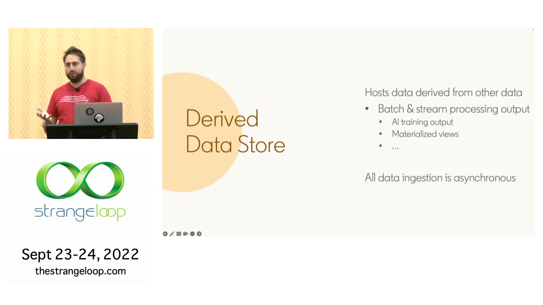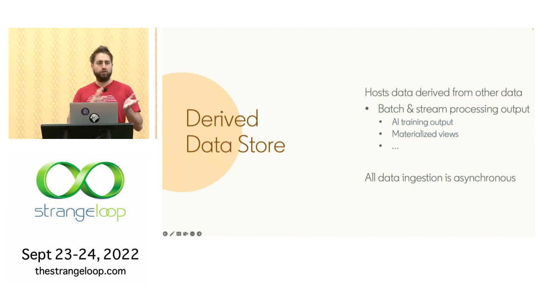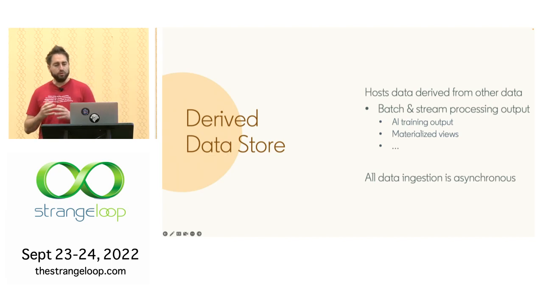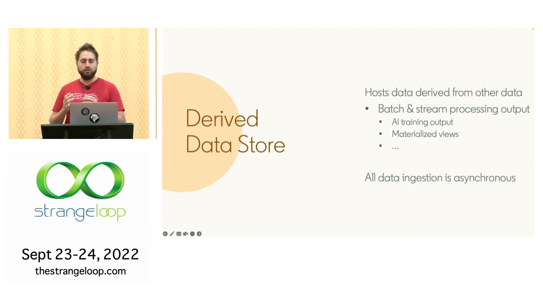The main thing to keep in mind with writing data to Venice is that all ingestion into Venice is always asynchronous. We think that actually improves the ergonomics of ingesting data from batch and stream processing jobs, as I'll try to make the case in the first section.